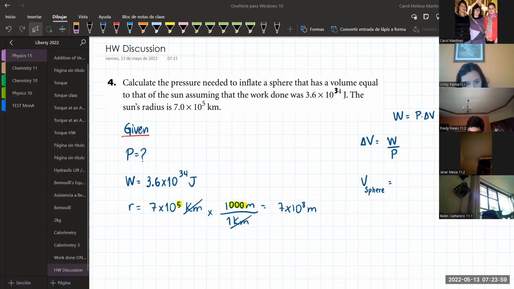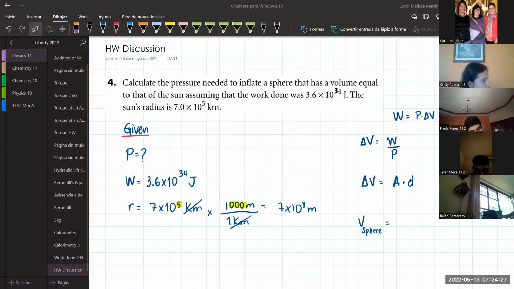Okay, so I was telling you that there are many ways to get the volume. One, directly from the formula. If the formula was giving you work and pressure, you can get volume from that. If the problem was giving you area and displacement, you can get the other formula for volume.